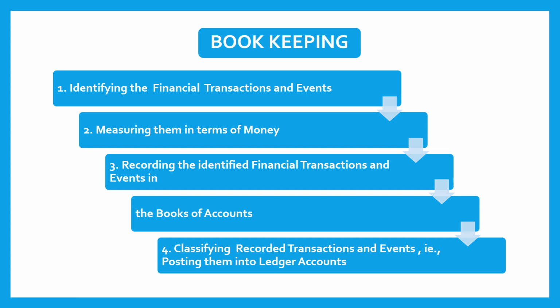Bookkeeping involves 4 steps. 1. Identifying the financial transactions and events. I hope we all know the meaning of these 4 steps. So bookkeeping involves first identifying the financial transactions and events. Second, measuring them in terms of money. Third, recording the identified financial transactions and events in the books of accounts.